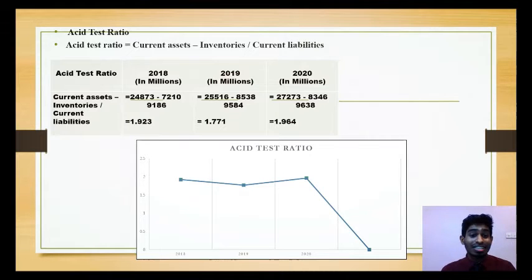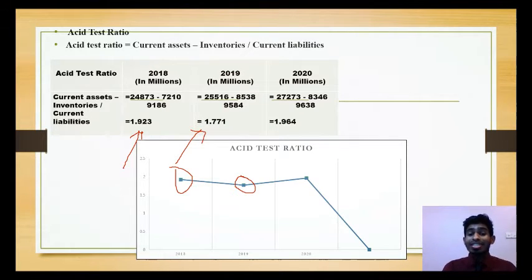From the graph and the table below, we can see that the acid test ratio indicates a declining trend from 2018 to 2019, that is 1.923 to 1.771.